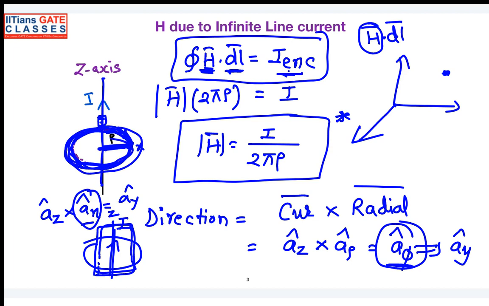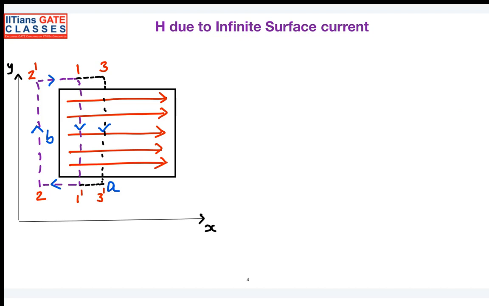Now, in the same fashion, I have to consider a loop along the y direction, something like this. The reason is the magnetic field exists in that direction only. Let me analyze why.